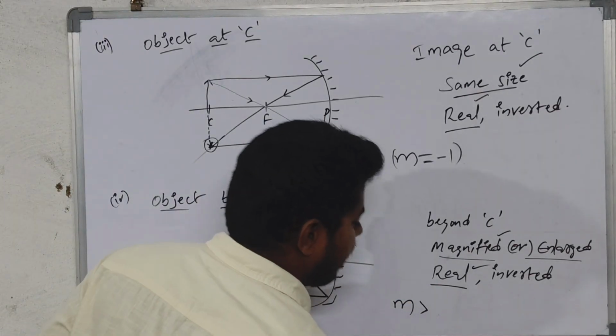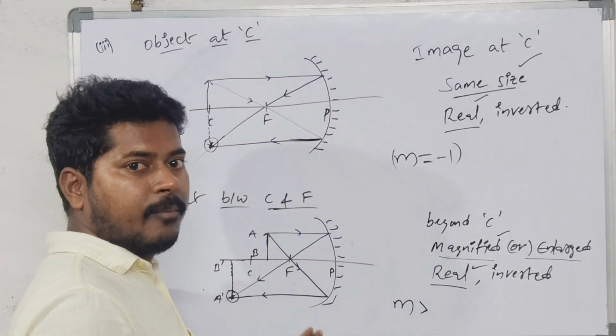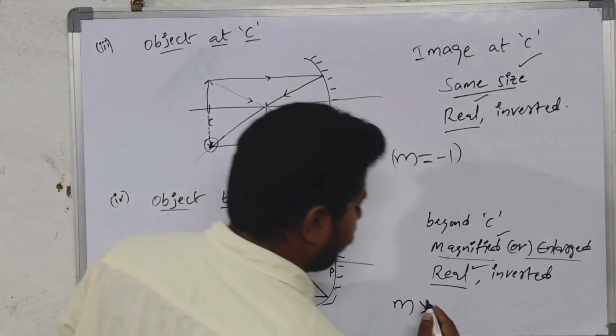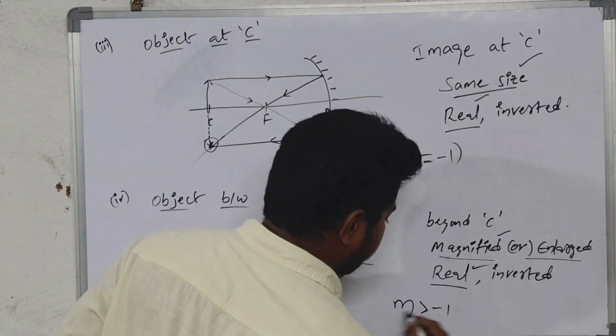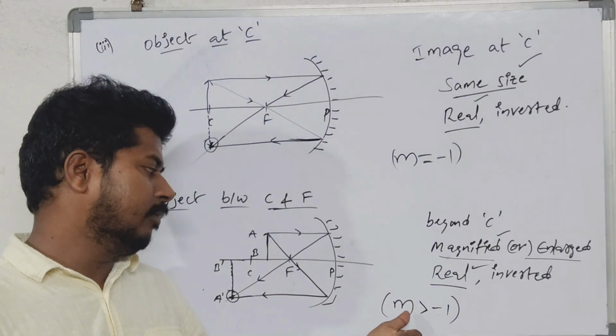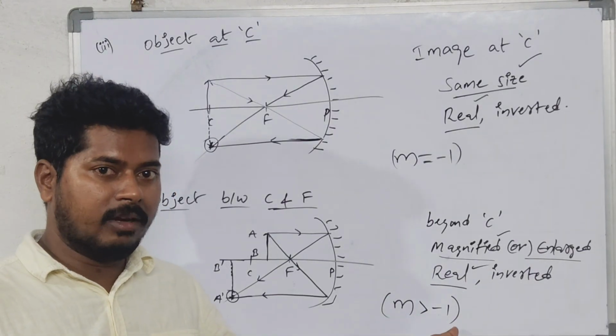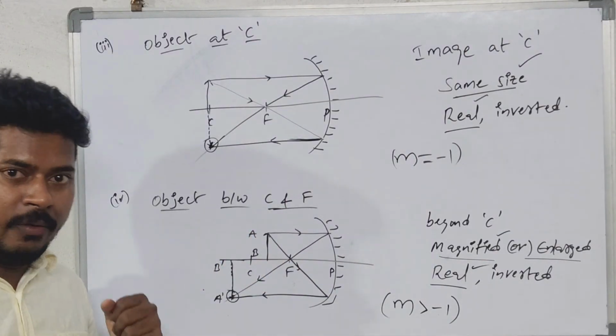M greater than, and it is a real image. For real images, magnification is negative, so we write minus 1. So our magnification value is M greater than minus 1 for this case, when the object is between the center of curvature and focus.